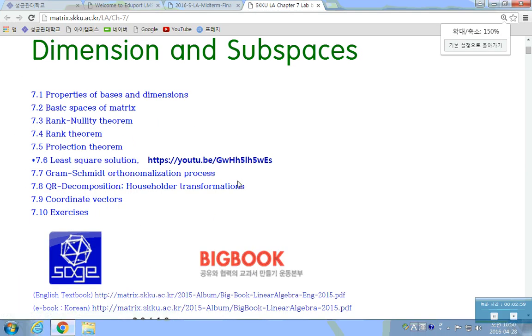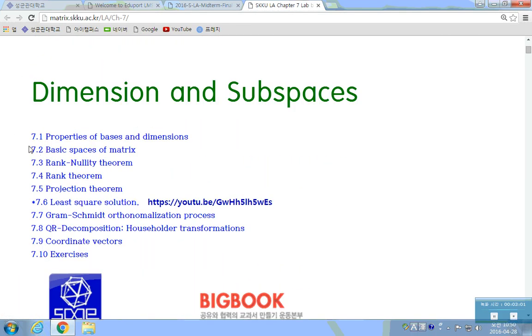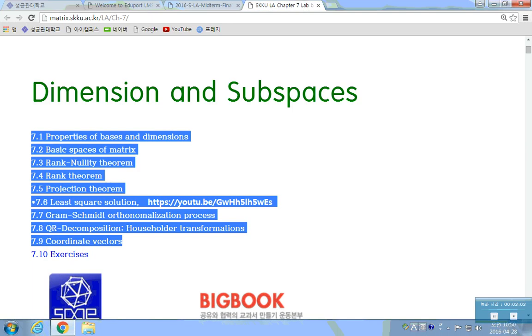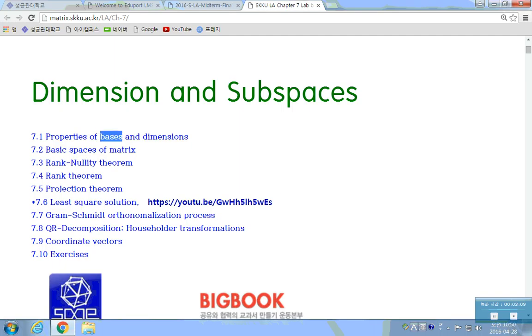So we will discuss a lot from here. We will use 2 weeks for chapter 7. Okay, so we start from the definition of basis and dimension, and then we will use those concepts for the most important knowledge in linear algebra.